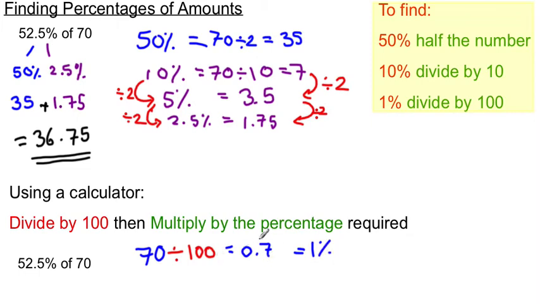Now that I know what 1% is, I'm going to take my 1%, which is 0.7, and then multiply it by the percentage required. So in this instance, I need to multiply that by 52.5.